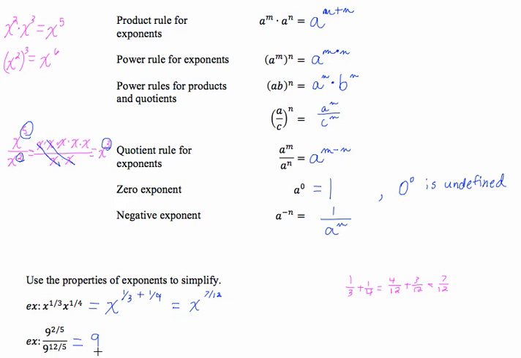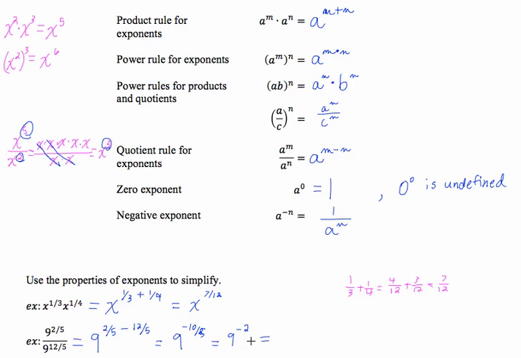So this would become 9 to the power of 2/5 minus 12/5. 2/5 minus 12/5 would be negative 10/5. Oops, negative 10/5. And let's keep simplifying. 10 over 5 is the same as 2, so that's 9 to the negative 2 power.